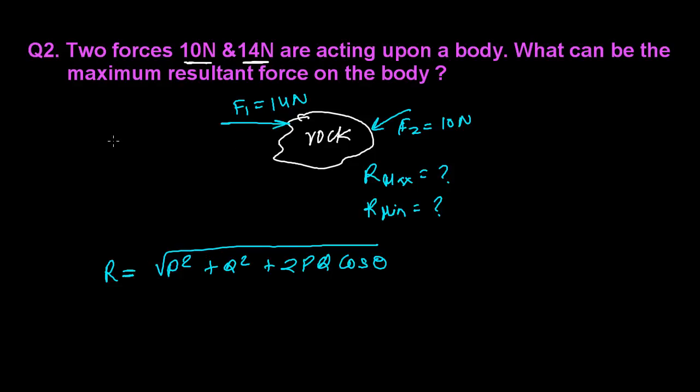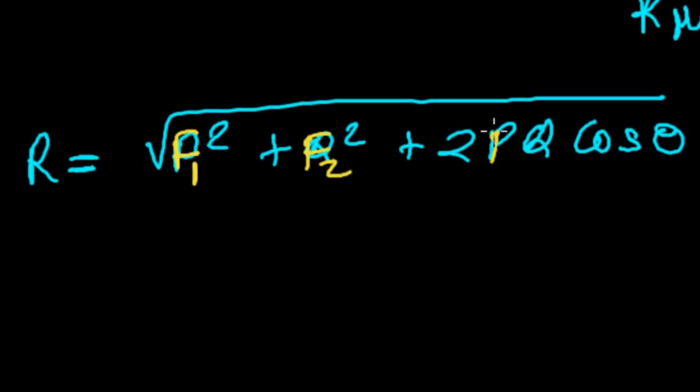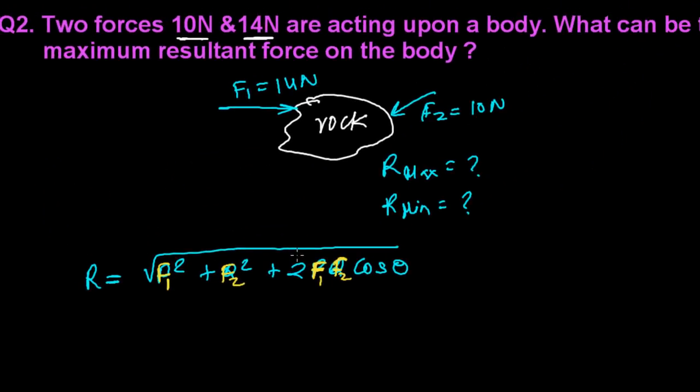Here P represents F1 and Q represents F2, and these are the magnitudes. So how can I get the maximum resultant? I will get R maximum when the cosine of theta is 1, and I will get minimum when this whole thing is minimum.